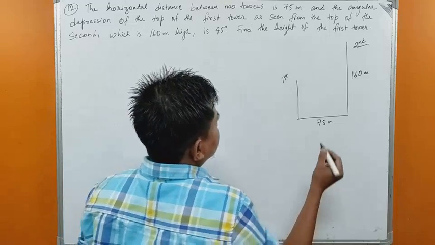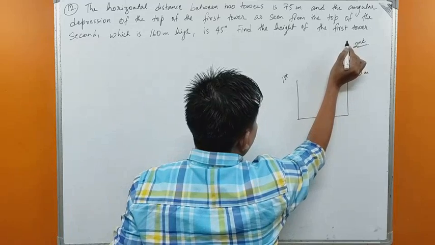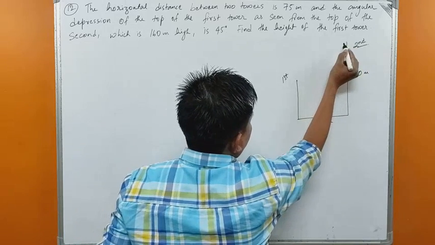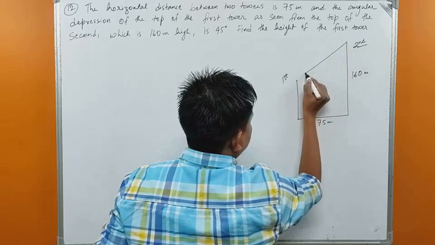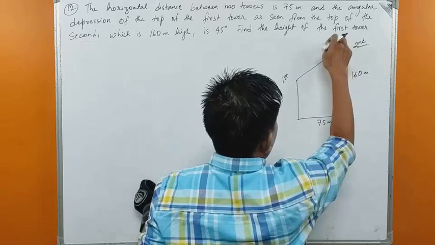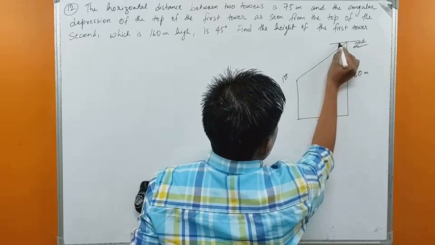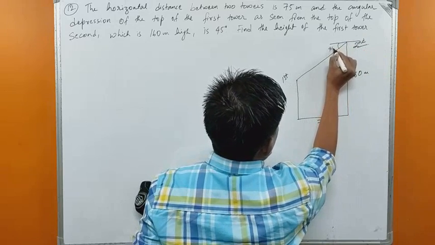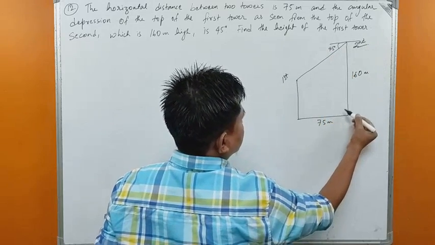Now the question says, when observed from the top of the second tower to the top of the first tower, the angle of depression is 45 degrees, which means this angle is 45 degrees. This line should be parallel to the baseline.